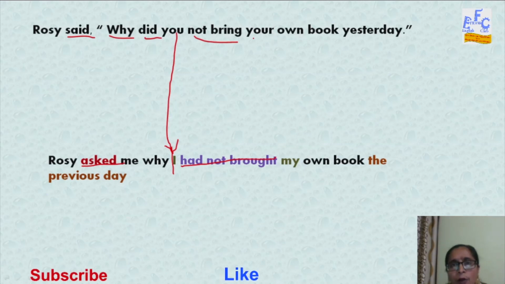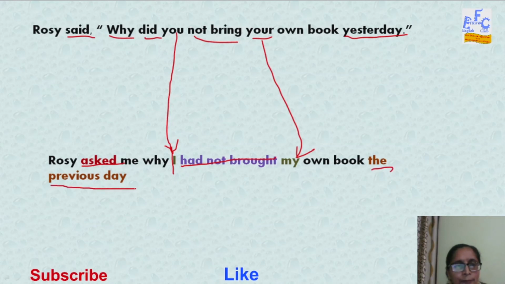And your, this pronoun is taken to my. So, your own book becomes my own book. Yesterday, this time reference word is converted into the previous day. So, this is how reported speech questions are converted from direct to indirect speech.